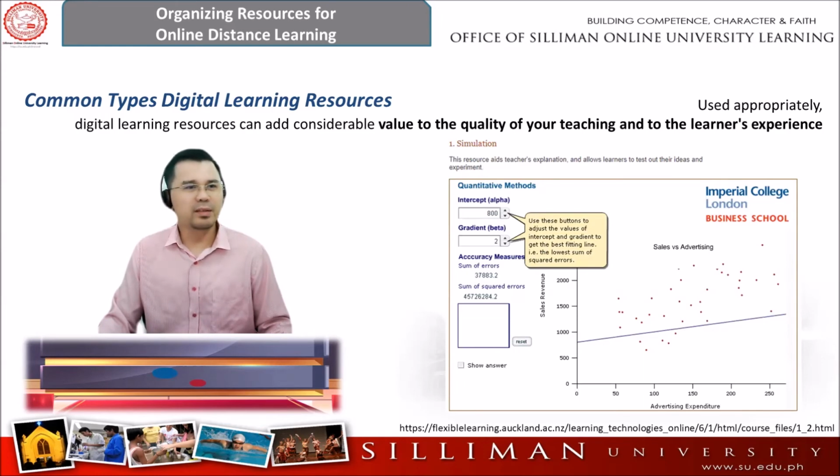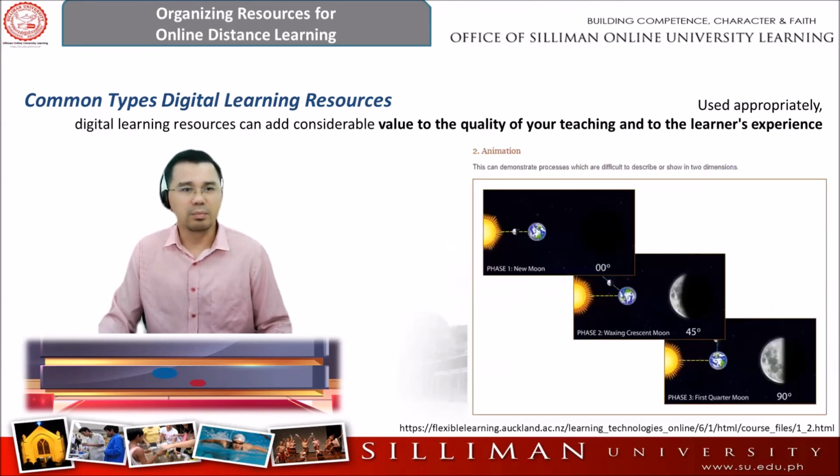When used appropriately, digital learning resources can add considerable value to the quality of our teaching and improve learners' experience. In my next presentation, I'll be presenting common types of digital learning resources. First is simulation. This resource aids teachers' explanation and allows learners to test out their ideas and experiment.